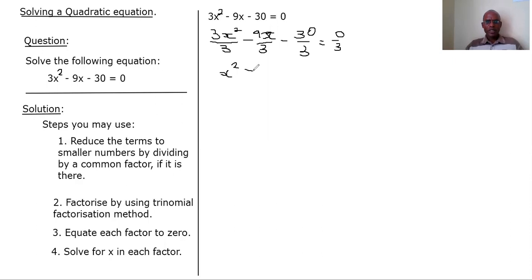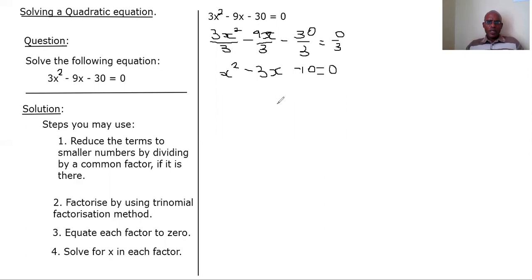Then the next part, it is going to be 3x. Then we subtract 10, which equals 0 divided by 3, we have 0. Now it's easier.